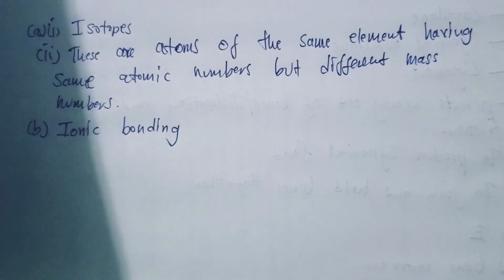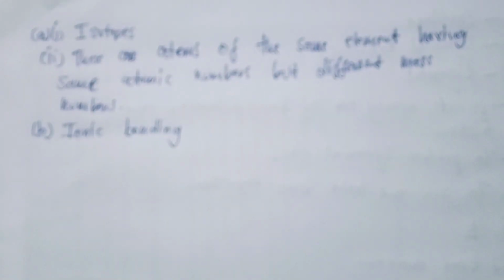So the question is asking, why? You need to understand that this is simply because most of the elements on the periodic table exist as a mixture of isotopes.